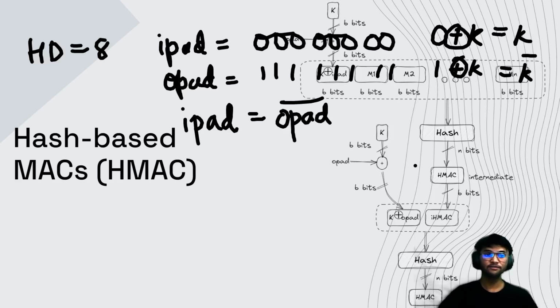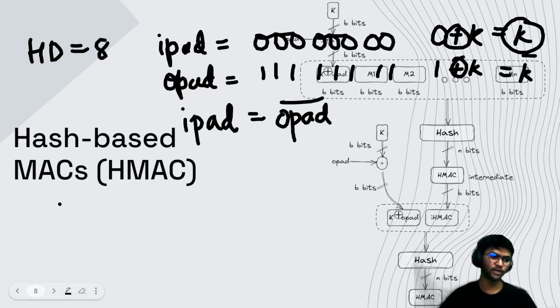Now, if Eve manages to somehow repeatedly get multiple hashes and analyze the first few sequences of the hash, they get the key K itself. And since they get the key K, they can complement it and get K dash as well.